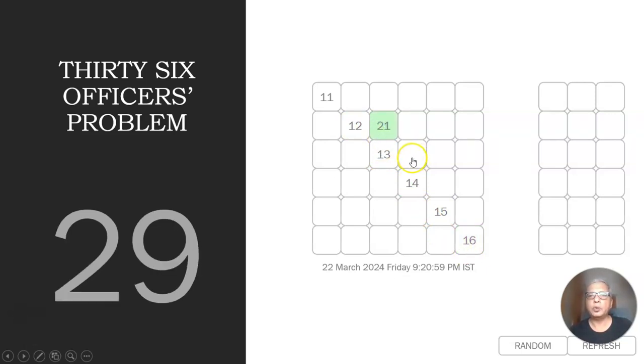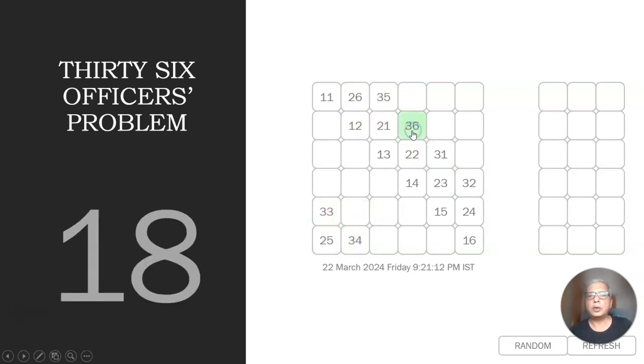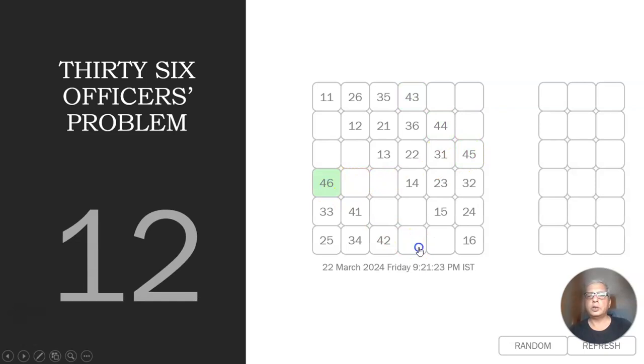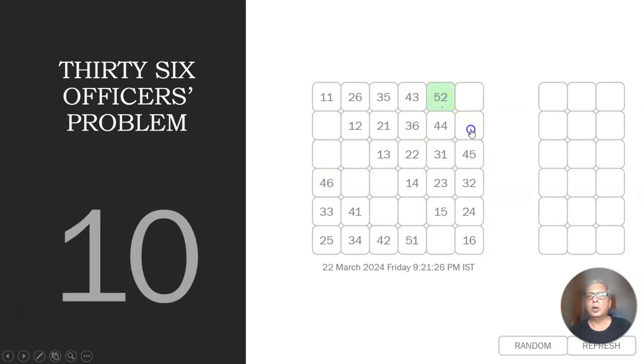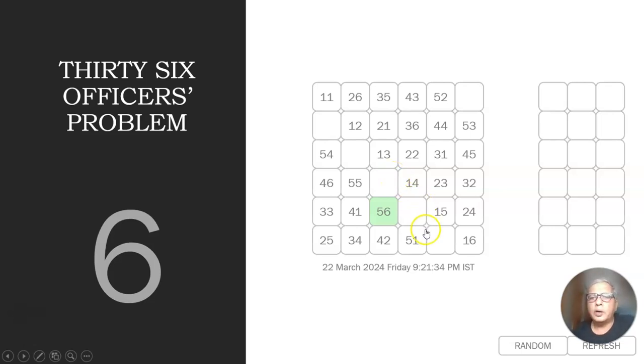I'm putting the numbers in sequence: 21, 22, 23, 24, 25, 26, 31, 32, 33, 34, 35, 36. Then 41, 42, 43, 44, 45, 46. Then 51, 52. This sequential method places all but the last few numbers. So the last 6 blank cells remain, and this works fine for odd order Greco-Latin squares.